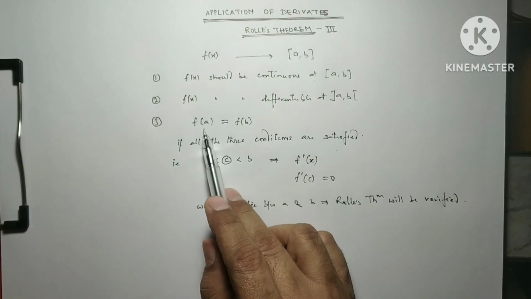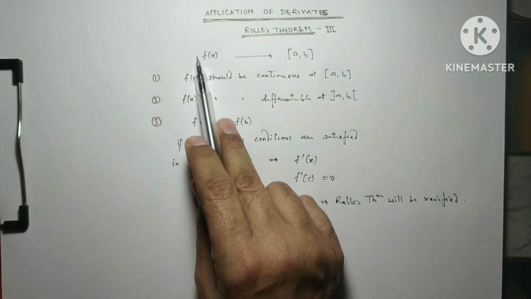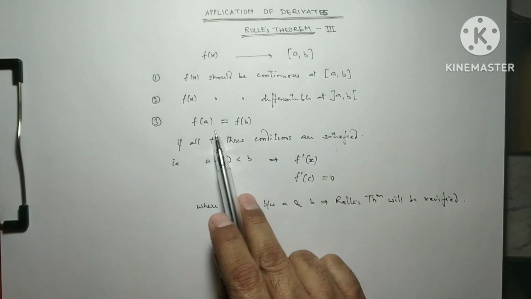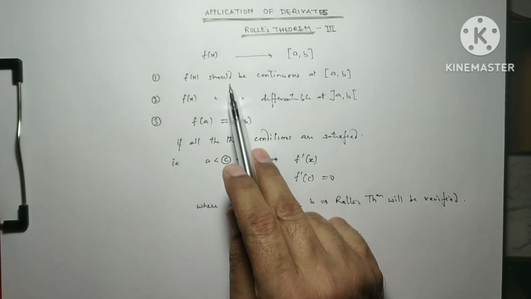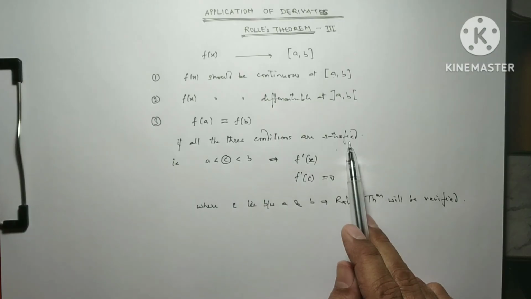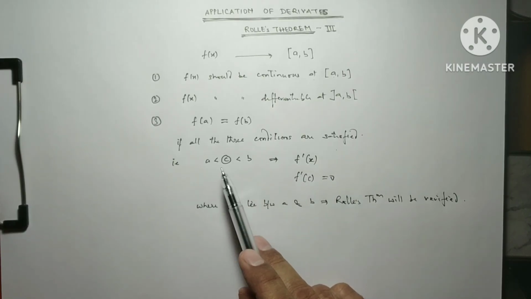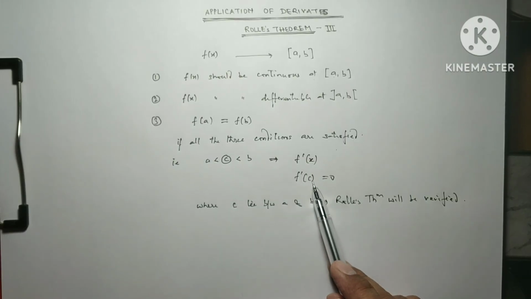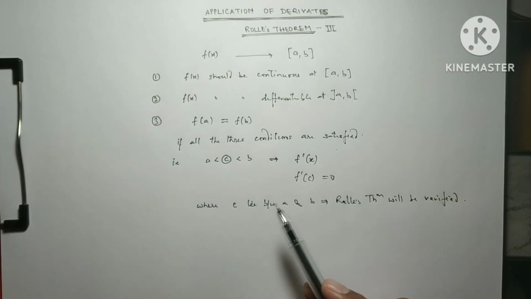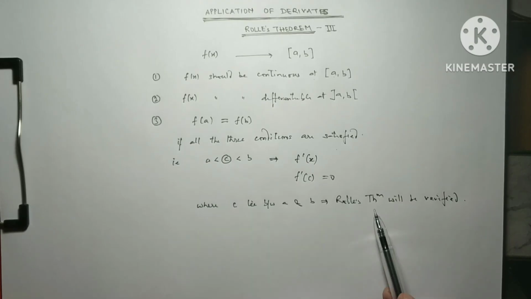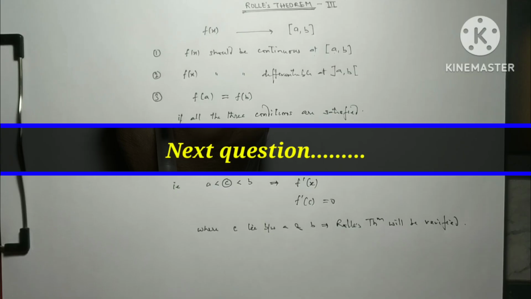Third, we will show f(a) equals f(b), meaning the value of the function at these terminal values should be equal. If all the above three conditions are satisfied, then there should be some value c at which the first derivative of the function is 0. For that value which lies between a and b, Rolle's theorem will be verified. So this is the working rule.